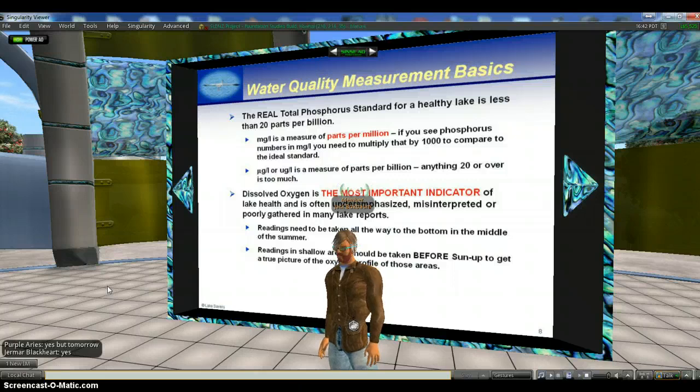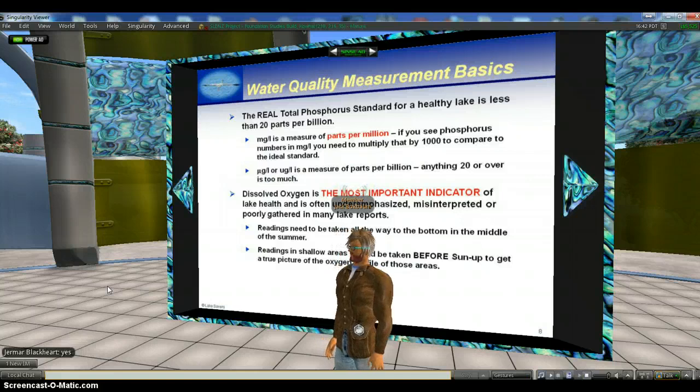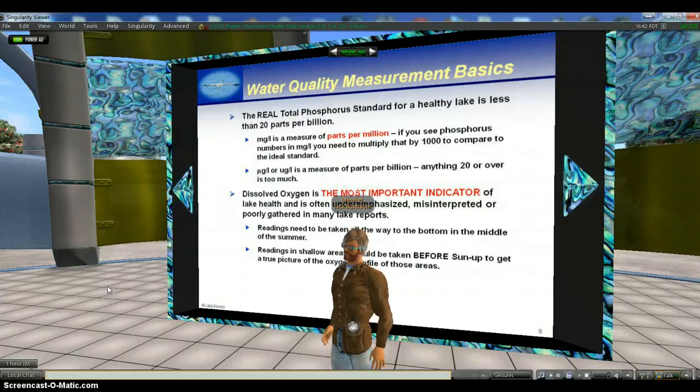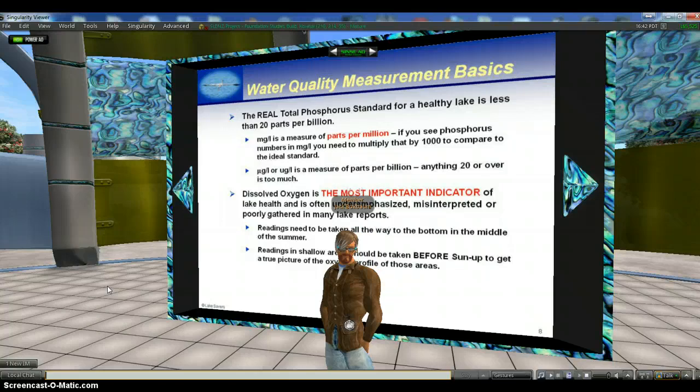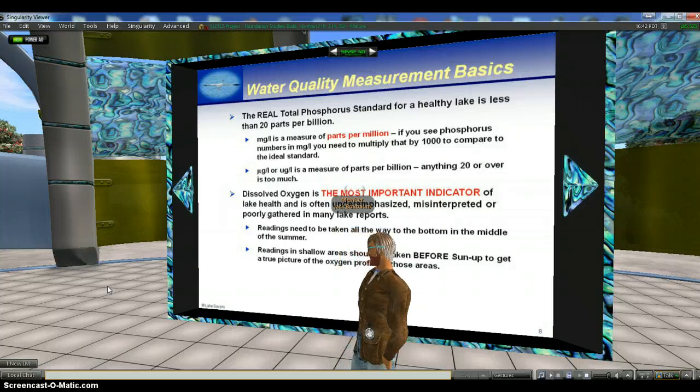The reason, very simple, gang, why these lakes are dying all over the world is because they're overfed and they're out of balance. They're really out of shape.